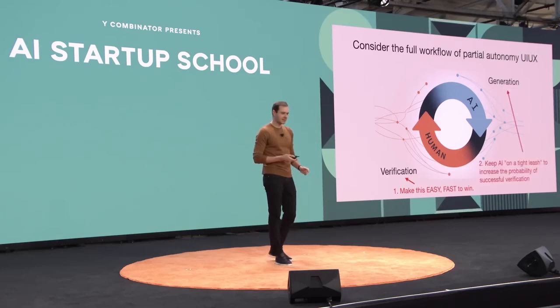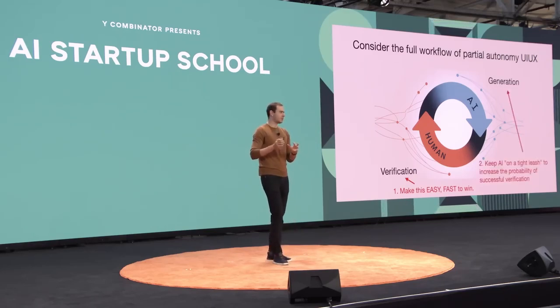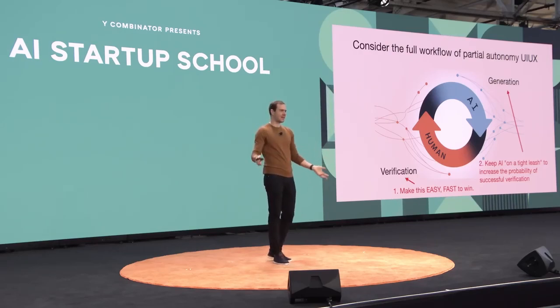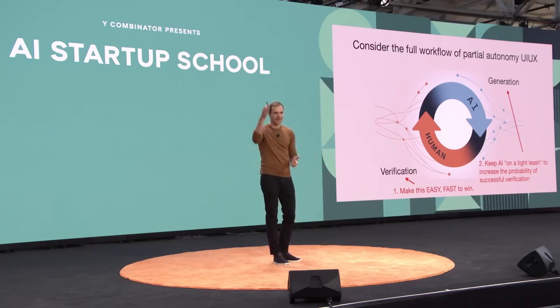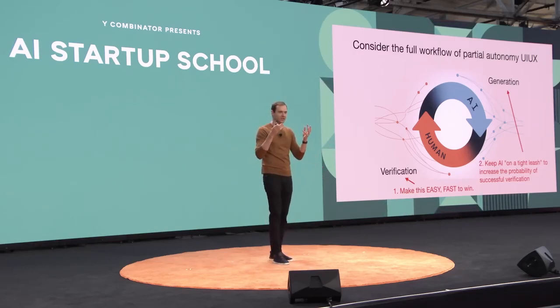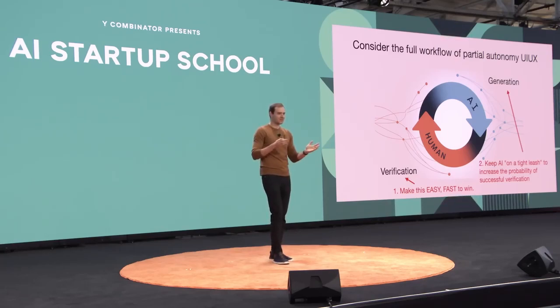And number two, I would say, is we have to keep the AI on the leash. I think a lot of people are getting way overexcited with AI agents, and it's not useful to me to get a diff of 1,000 lines of code to my repo. Like, I'm still the bottleneck, right? Even though that 1,000 lines come out instantly, I have to make sure that this thing is not introducing bugs, and that it's doing the correct thing, right?